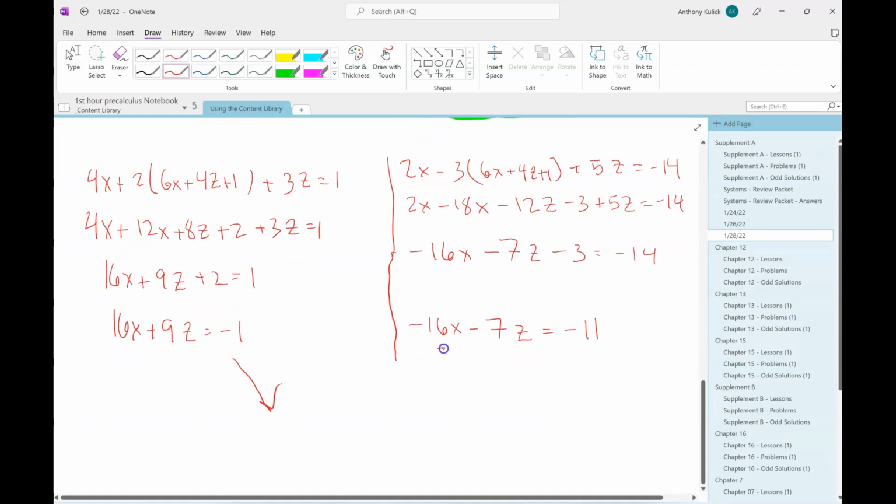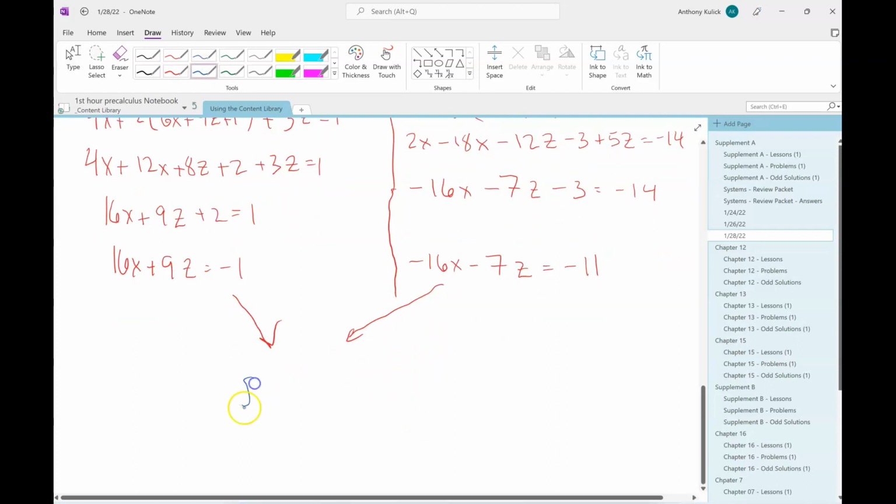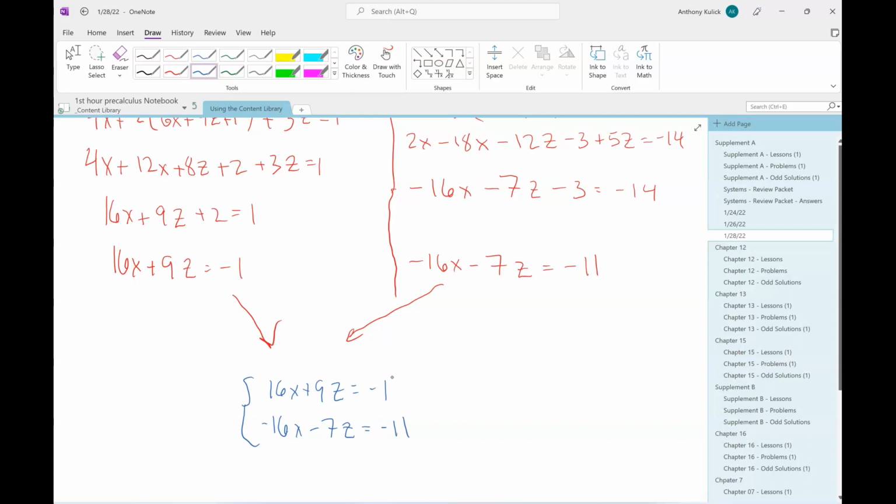Now what I've done here is I've taken my 3-variable system and simplified it down to a 2-variable system. Everybody's okay there?